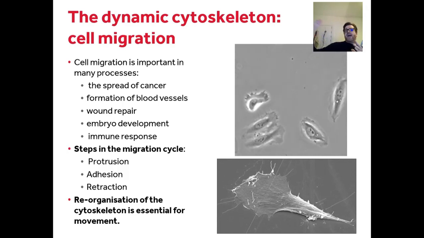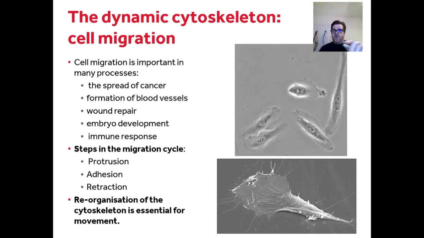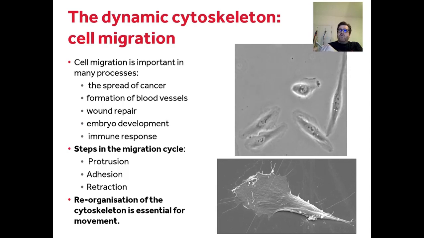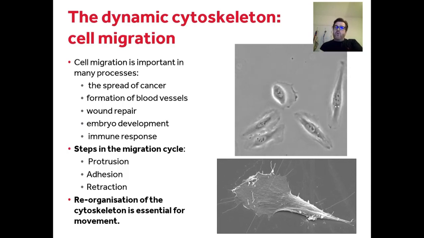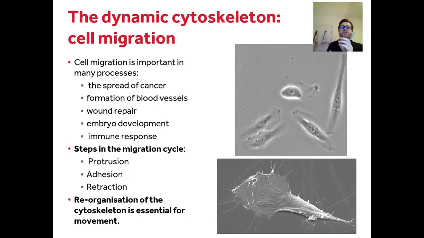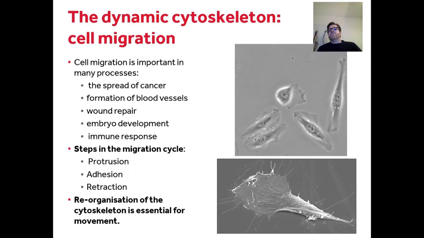It's where the actin filaments push their way out, kind of move into a new environment. They then tend to stick to whatever they are moving into, and then they kind of pull themselves along, and that's called protrusion, adhesion, and then the trailing end of the cell is then retracted.